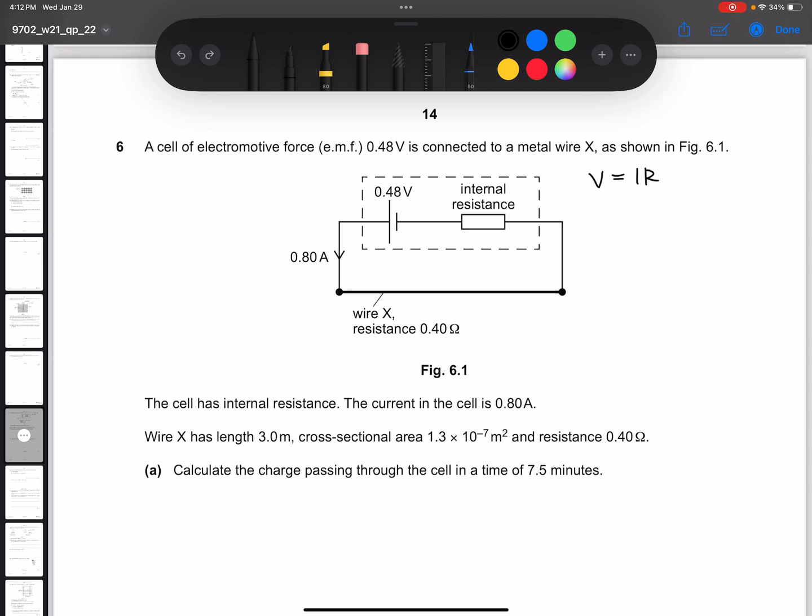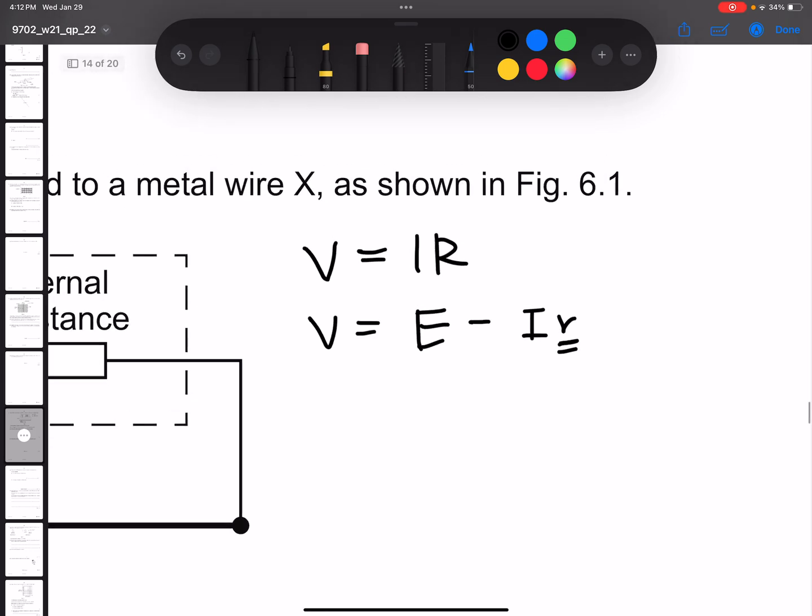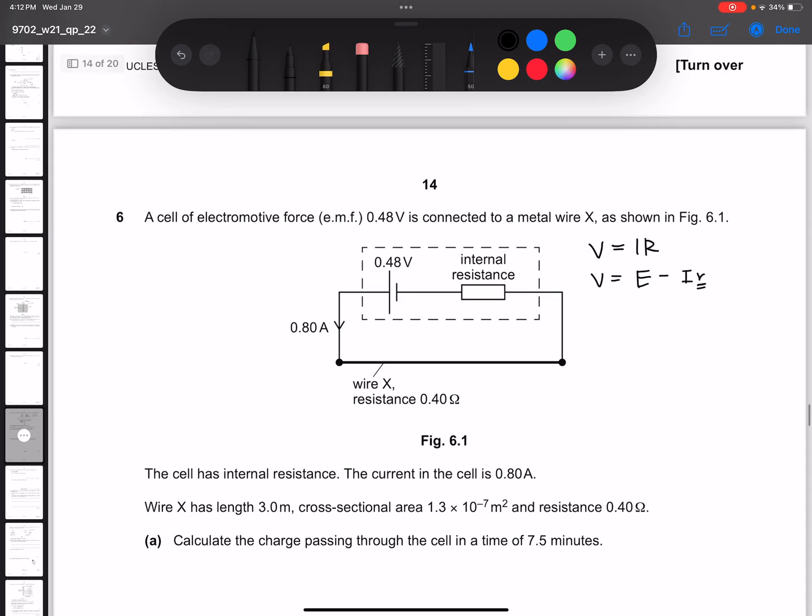The total voltage drop across the circuit is the internal voltage, or the EMF, minus the voltage drop internally, that is due to this small r. Small r is the internal resistance.